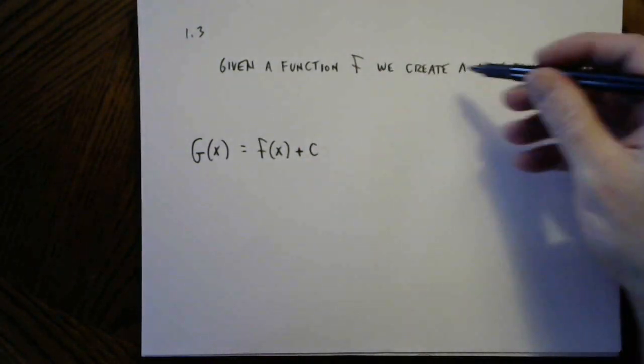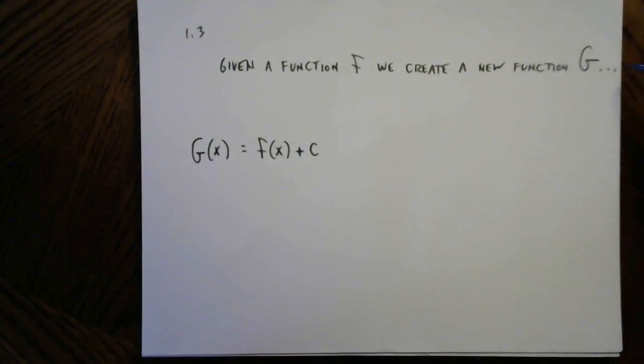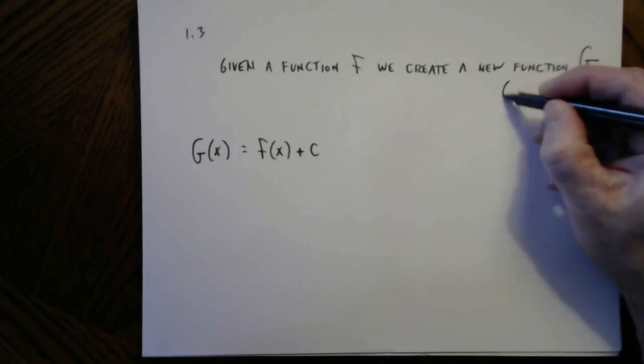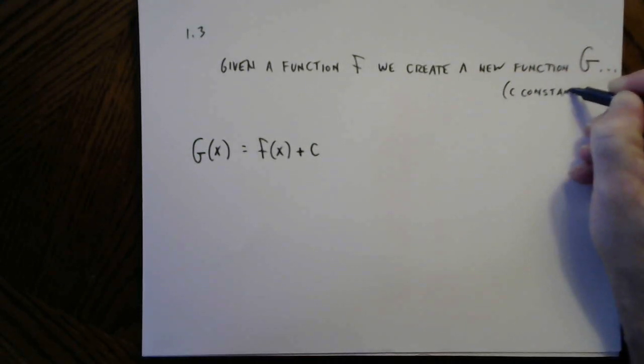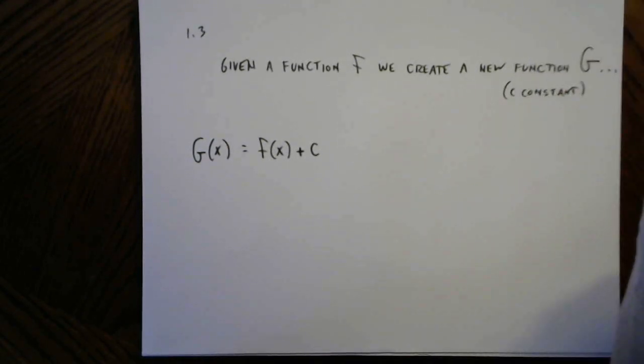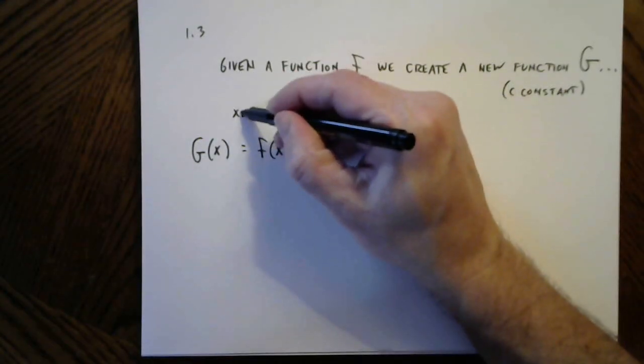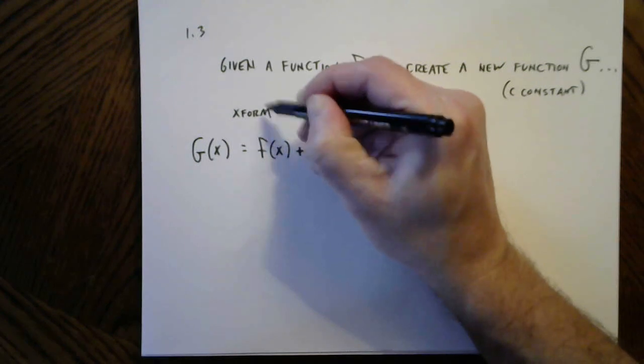One thing I should add, given this statement, is that C will be a constant, some number. And this is what we call a transformation.